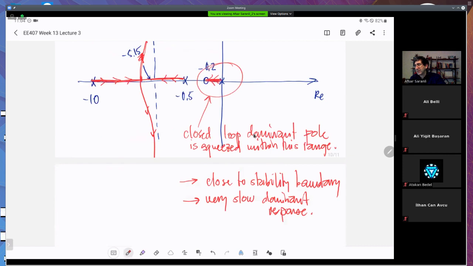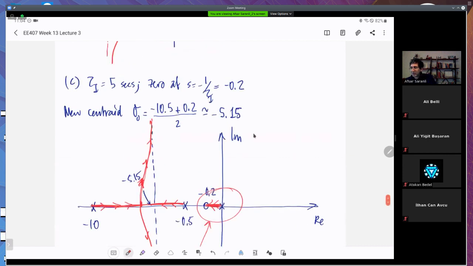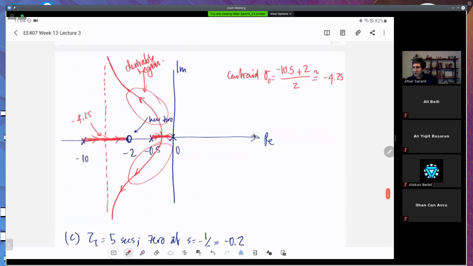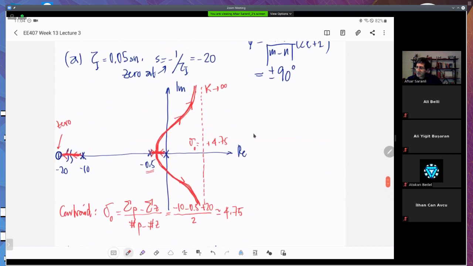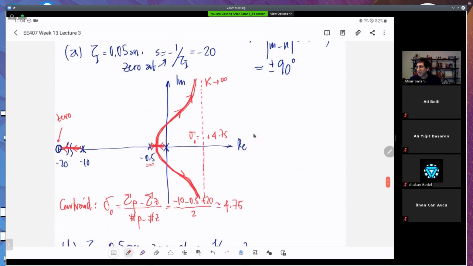Okay, so we see that. Let's take a look at what we have. We have three options. One is that it just goes to the unstable side as I increase the gain, and you are basically constrained to this range. Very slow response, again, very slow dominant response.